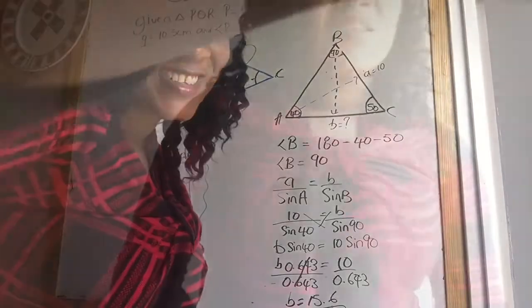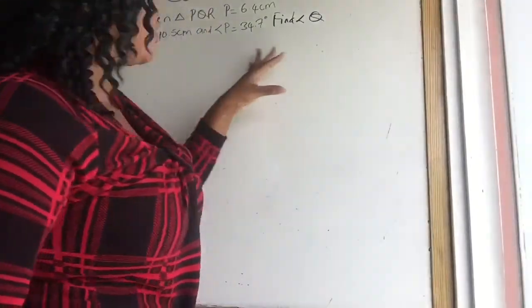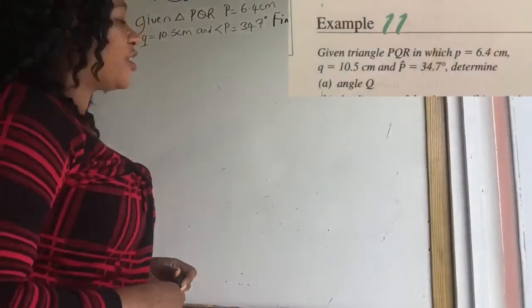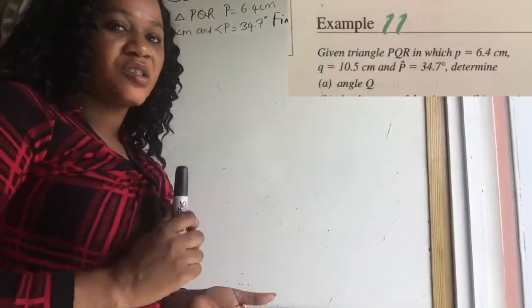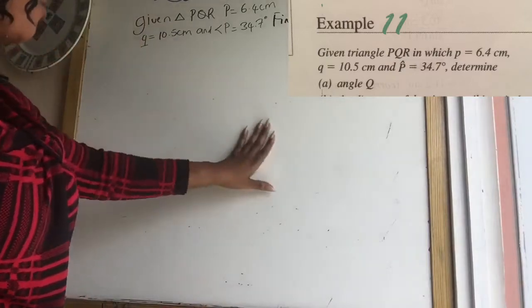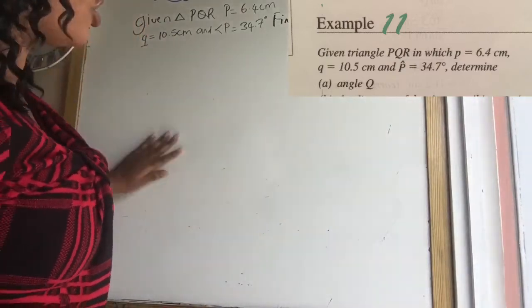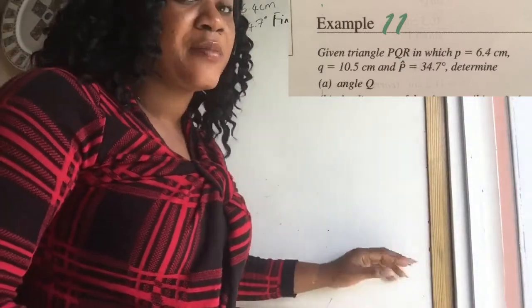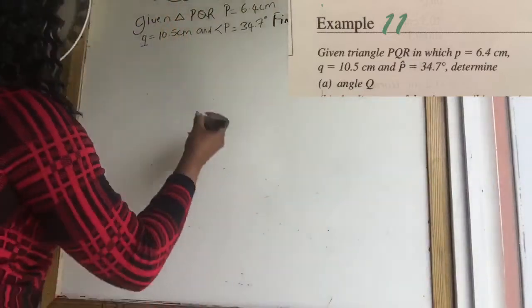Alright, guys, now we're trying to find an angle. The first thing I always tell my students is whenever you're given a worded problem, you need to just go ahead and draw the triangle and label it. Not drawn to scale.